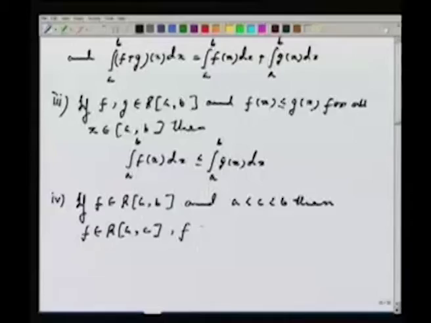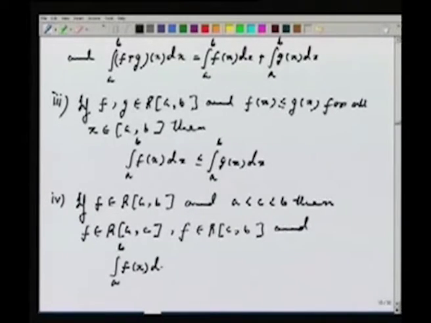That is what is meant by this. If I restrict f on [c,b], then also f belongs to R[c,b]. That is what I mean. And integral a to b f(x) dx is equal to integral a to c f(x) dx plus integral c to b f(x) dx.